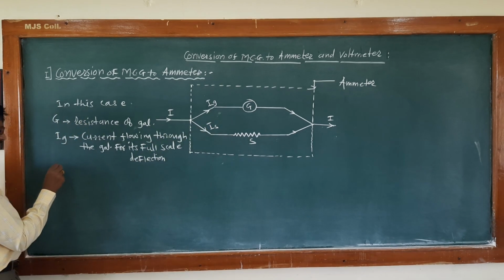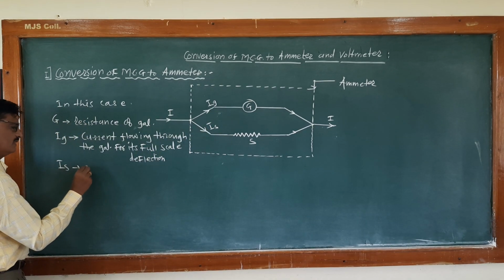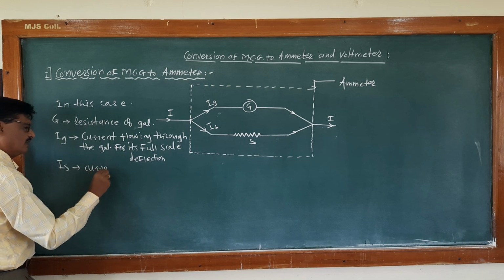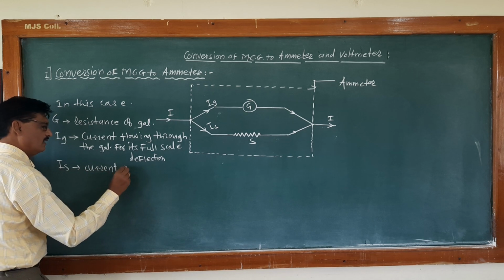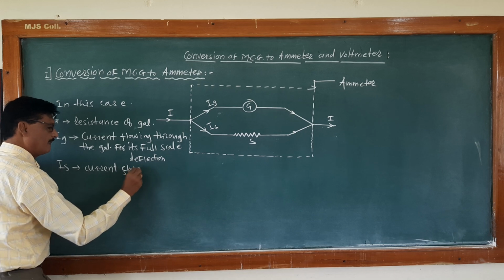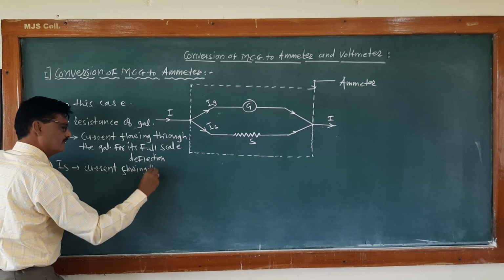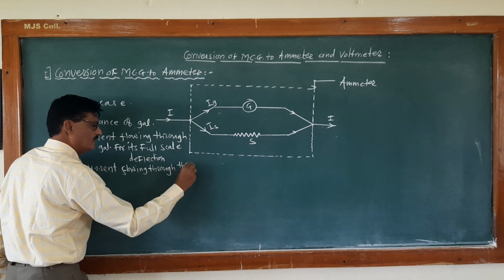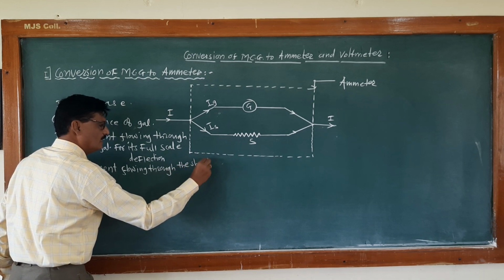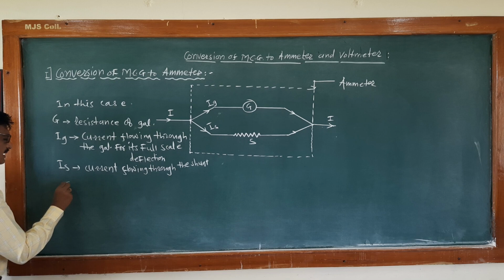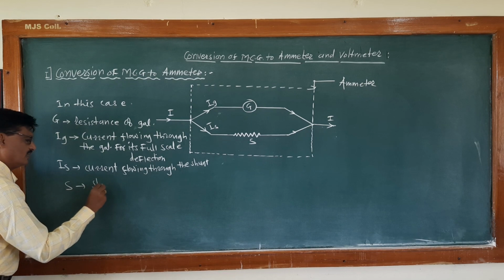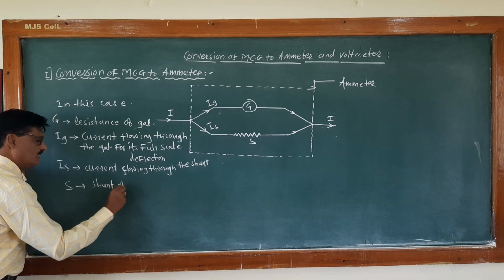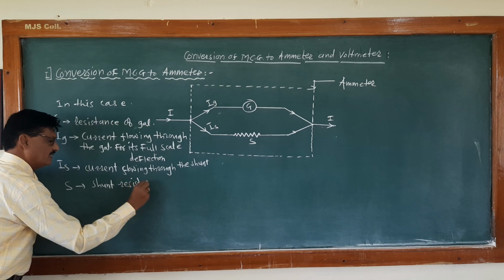Also Is is the current flowing through the shunt, and S is called the shunt resistance, a low resistance.